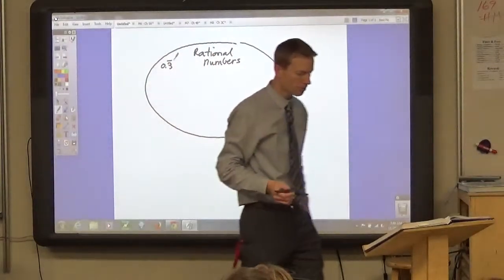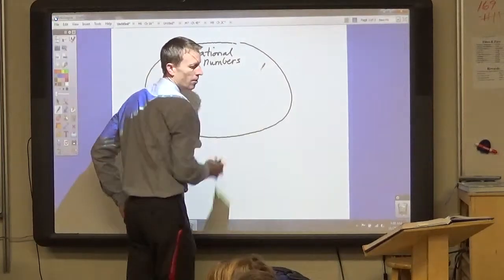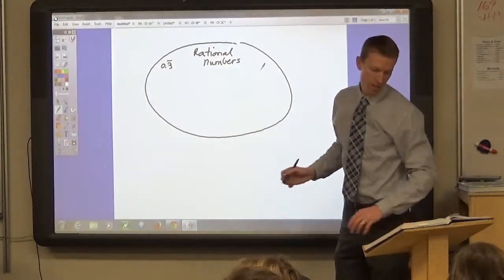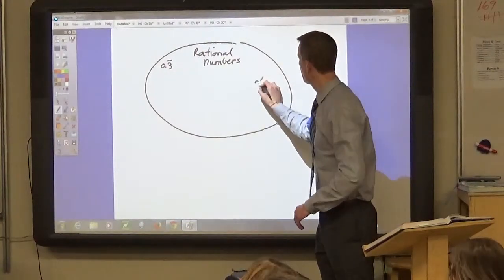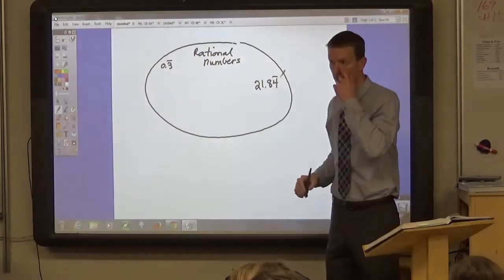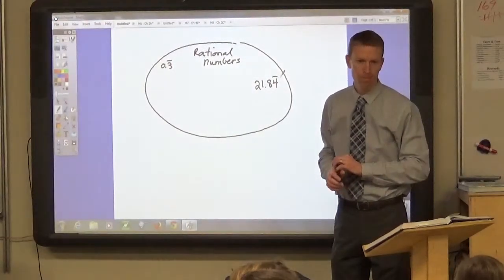Okay. Numbers like, it has another one, 21.84, and the 4 is repeating. Those are rational numbers. Okay.